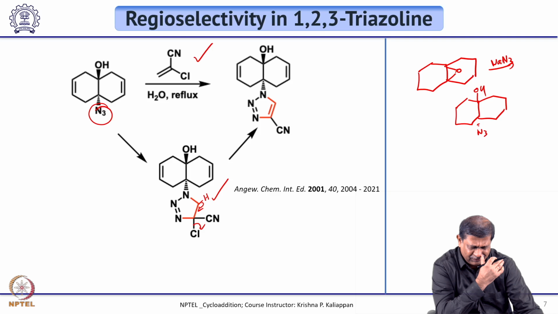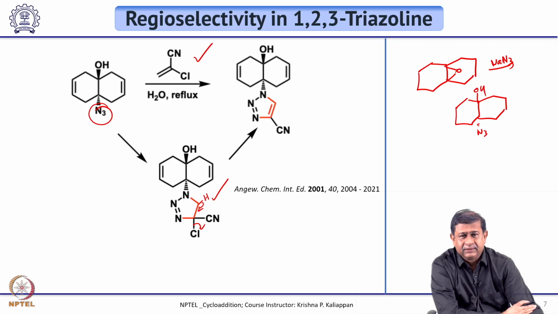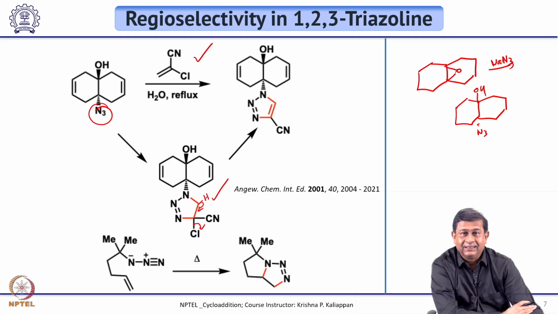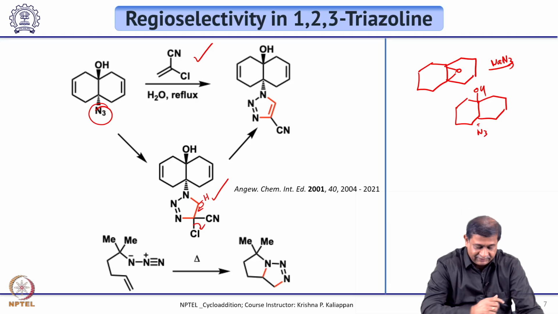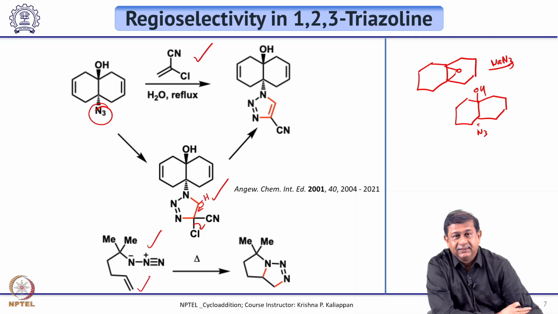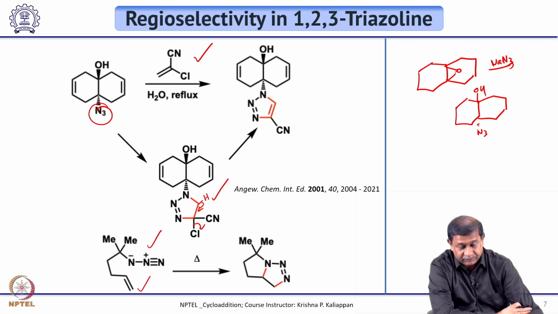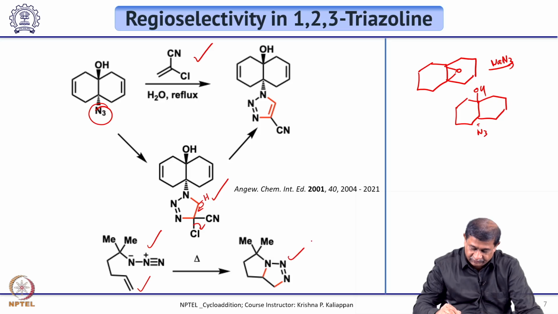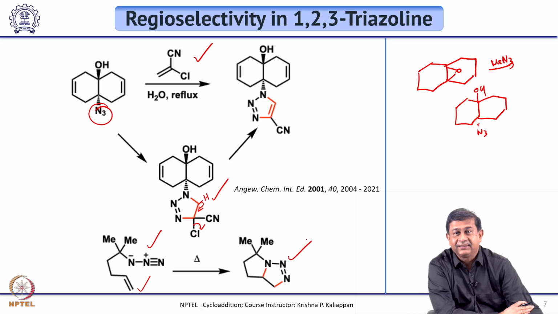And we have also seen intermolecular reactions, and this reaction is known in an intramolecular way also. So for example, if you have an azide like this and a double bond which is connected to this azide, if you heat it, this can undergo an intramolecular 1,3-dipolar cycloaddition to give this type of bicyclic 1,2,3-triazoline.